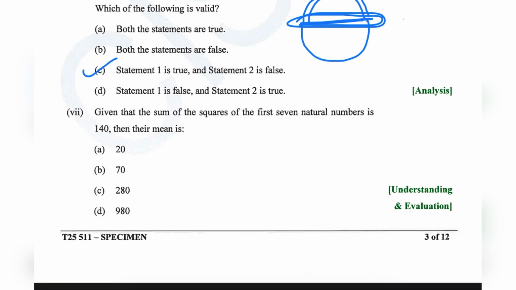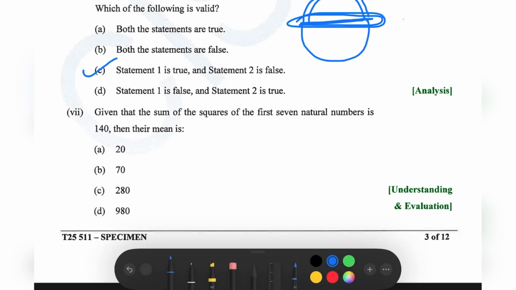Here it is given that the sum of the squares of the first 7 natural numbers is 140, then the mean is what? Okay, fine students.